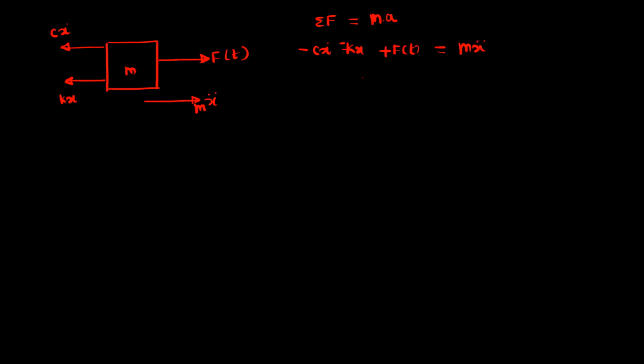We can rearrange this term, and we get m x double dot plus C x dot plus K x is equal to f of t. Here x dot and x double dot represent the output displacement, and this is the input value.